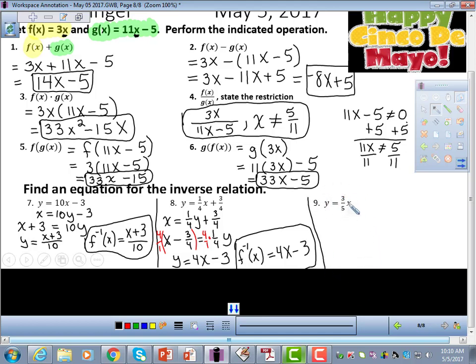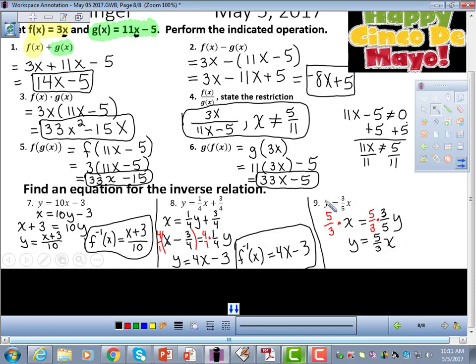Y equals 3 over 5x. Switch your x and y. What do I need to multiply by? 5 over 3. So y equals 5 over 3 x.